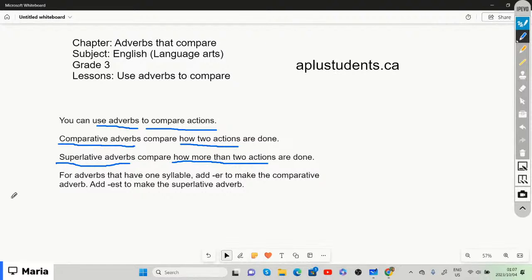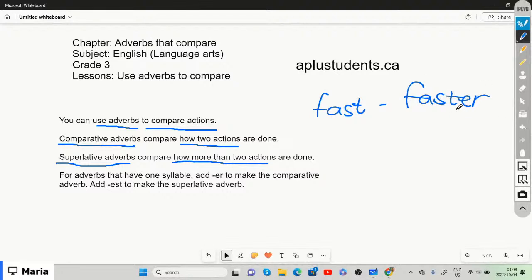If we want to compare two actions, we can say this car is fast, but the other car is faster. That is comparing two actions that are taking place.